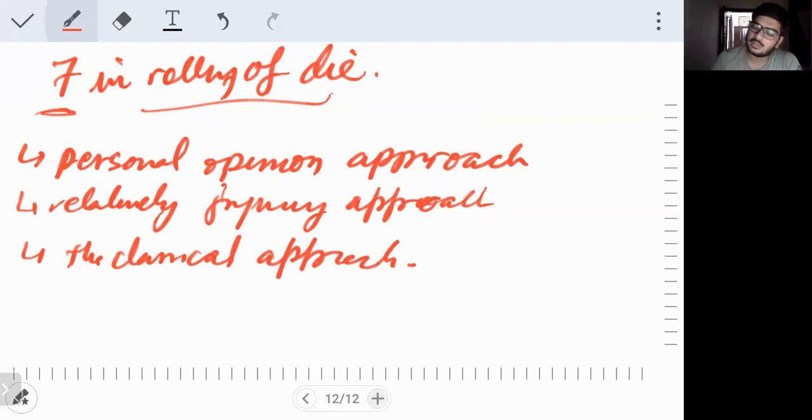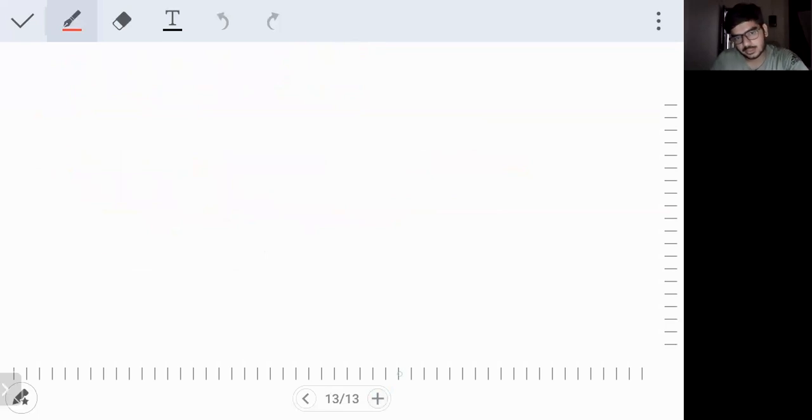By personal opinion approach, I mean the approach that is the simplest in practice, but therefore it is also the least reliable. We might think of it as whatever it is to us. So it's not a reliable approach, right? Like I think there is an 80% chance for rain today.